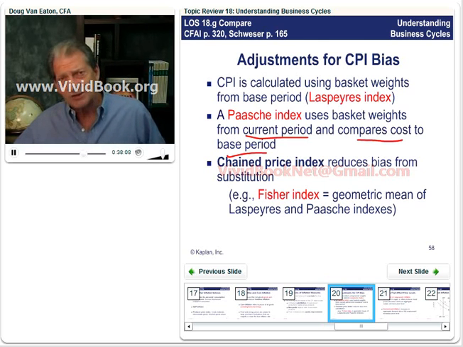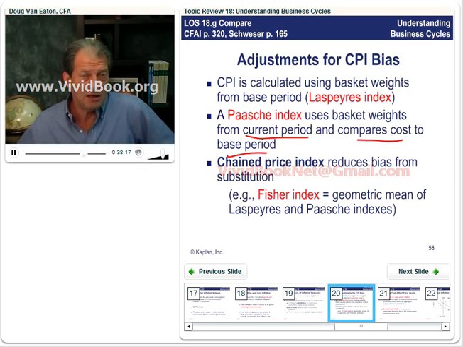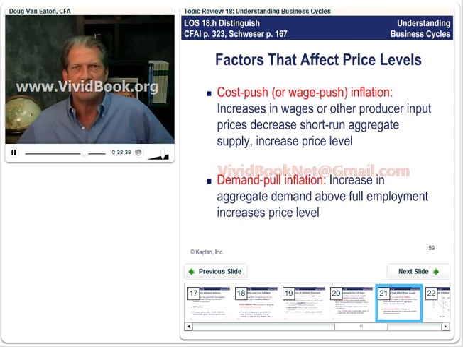I think that's all you can be expected to take away from this. There's certainly not a lot of detail and example where we'd have any calculations or anything else to know. So know that a chained price index helps reduce this upward bias in the CPI. An example of that is the Fisher index. A Paasche index has changing weights, and a Laspeyres index has fixed weights. If you can remember all that, you'll be in good shape on this learning outcome statement.